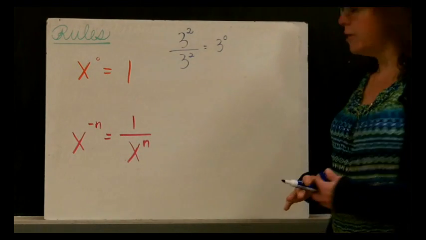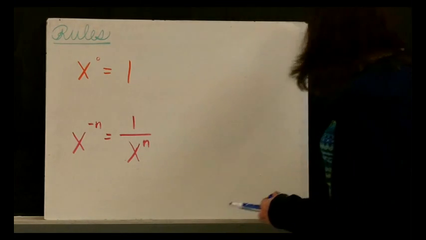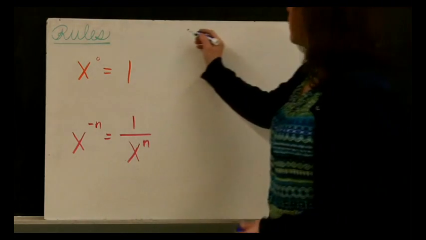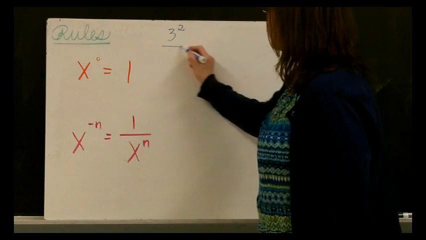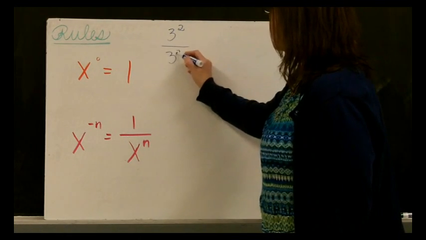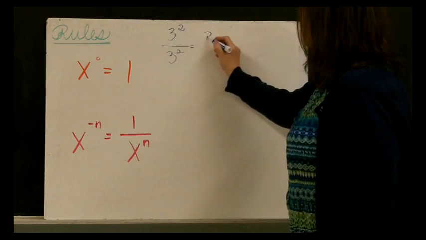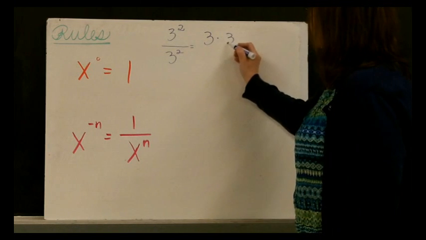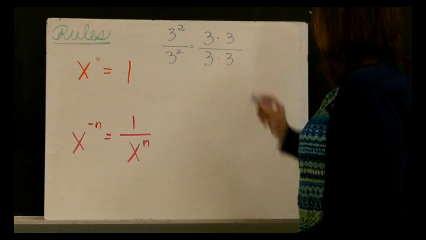And that's all well and good. But a better example of this is to show you in an expanded form. So if we have 3 to the 2nd power divided by 3 to the 2nd power, what that means is 3 times 3 divided by 3 times 3.